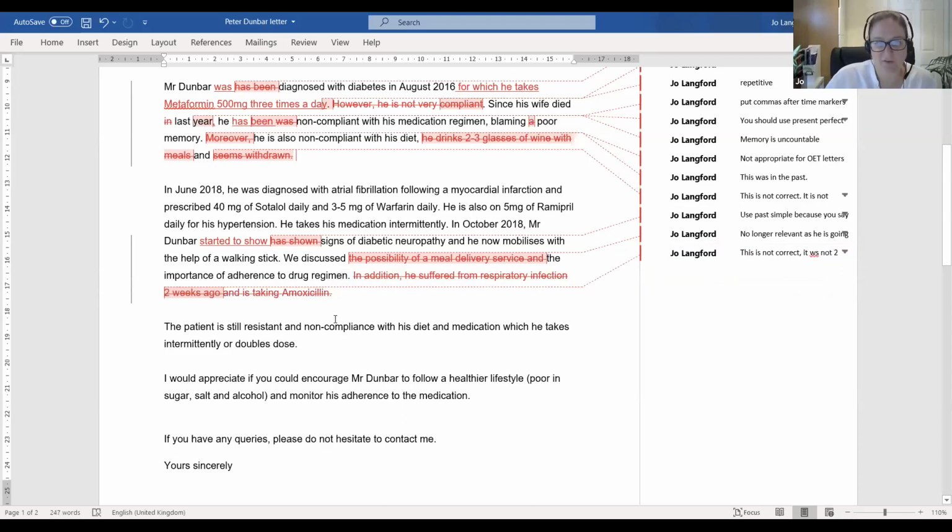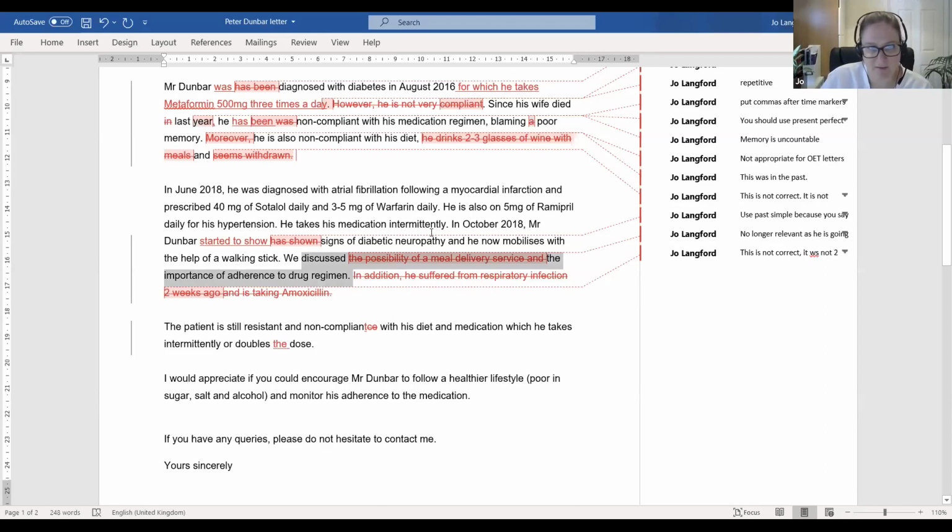The patient is still resistant and non-compliant with his diet and medication, which he takes intermittently or doubles dose. So this is not quite right here. He doubles the dose, or double doses would be fine. We've got a little bit of repetition here. We've got he takes the medication intermittently. He's still resistant. I might cut it out perhaps here.